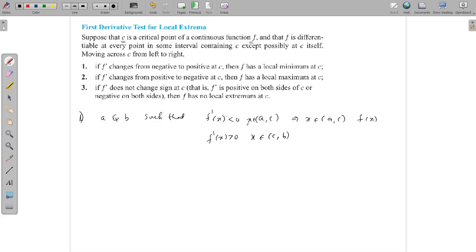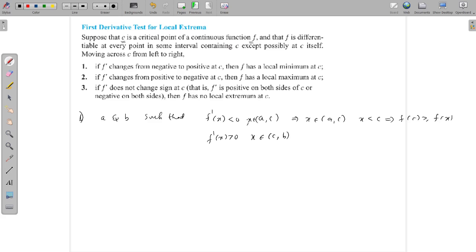Derivative is negative means the function is decreasing. So x is less than c because x lies in this interval, which implies f of c is greater than or equal to f of x because f is decreasing.